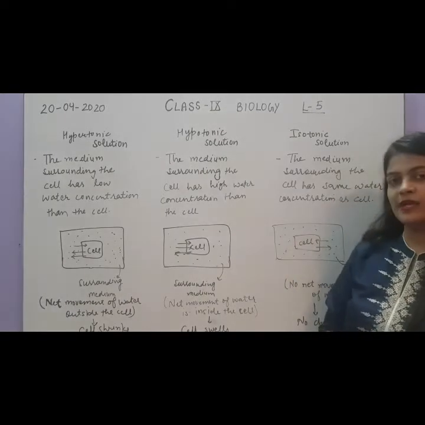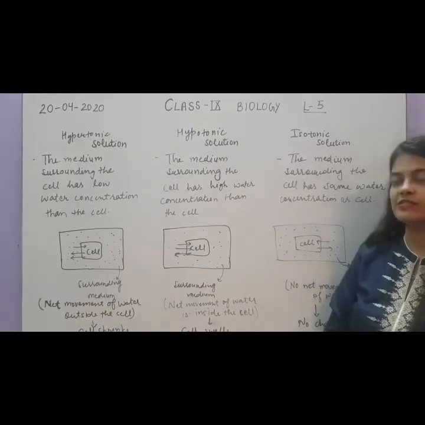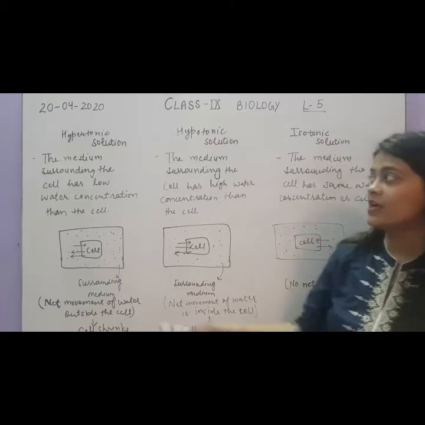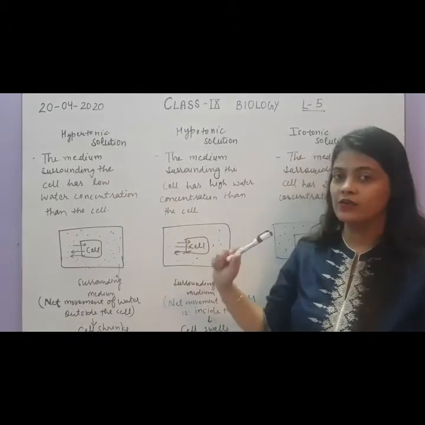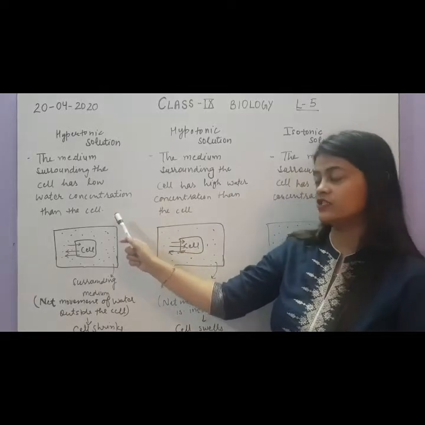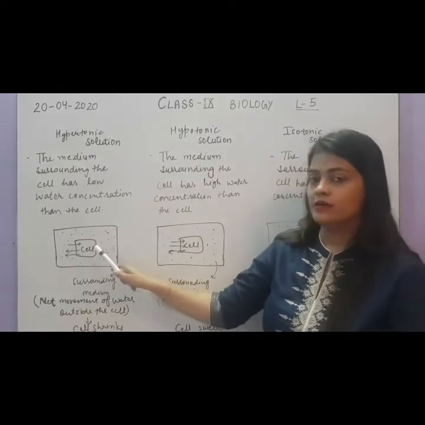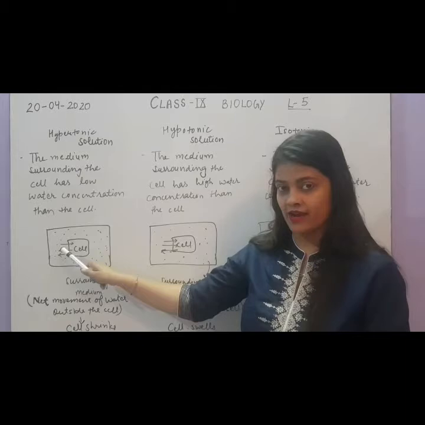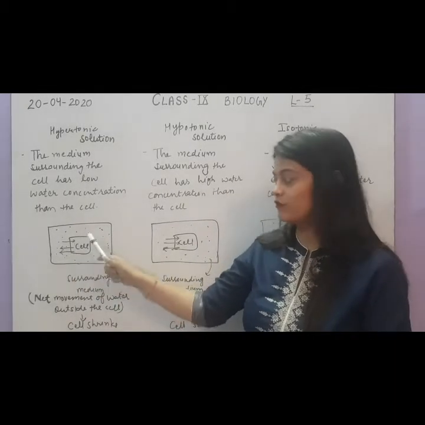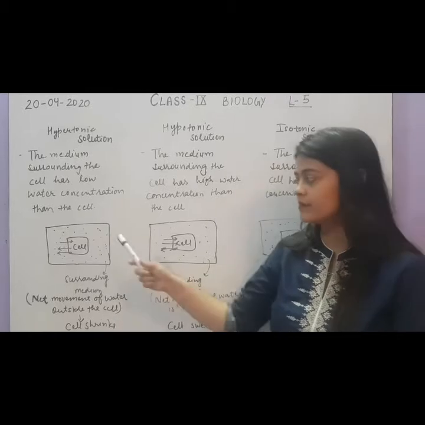So let's see the three types of solution on the basis of concentration: hypertonic, hypotonic and isotonic solutions. Hypertonic is the one in which the medium surrounding the cell has low water concentration than the cell. Which means that if this is a cell and this is the medium surrounding the cell, obviously both will have water inside them.